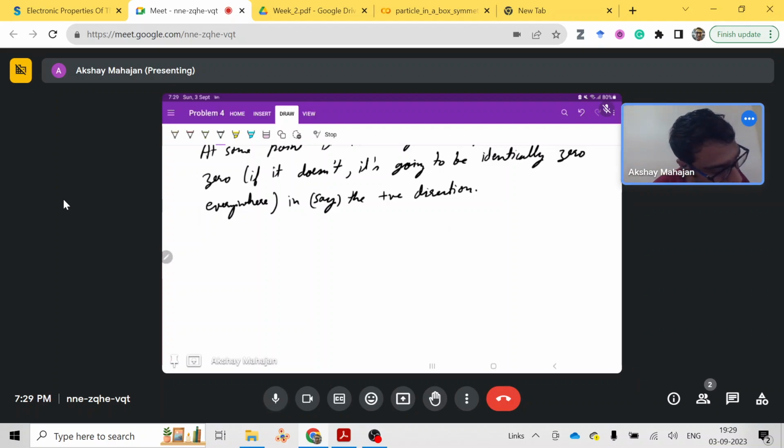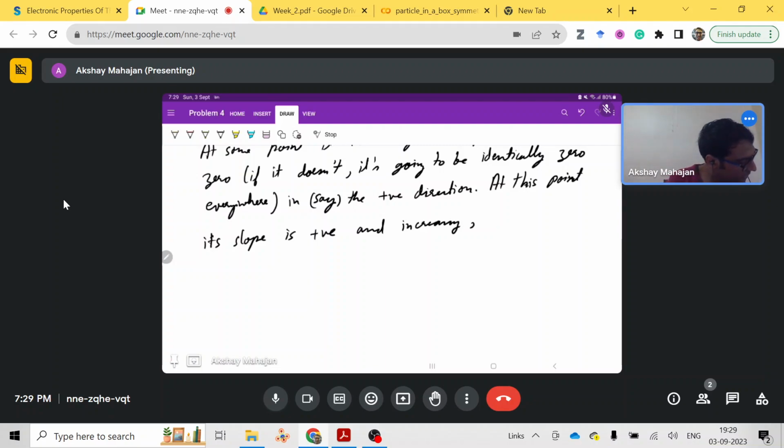Now at this point its slope is positive and increasing, so psi gets bigger and bigger as x increases.